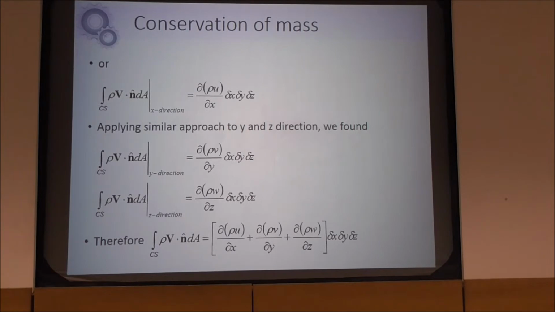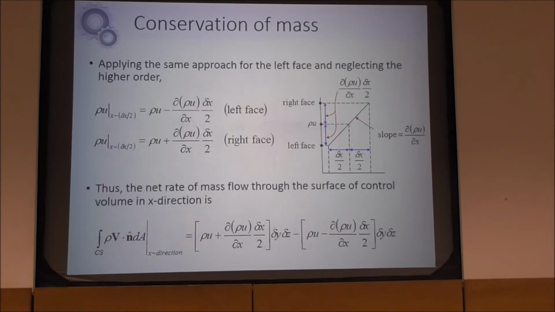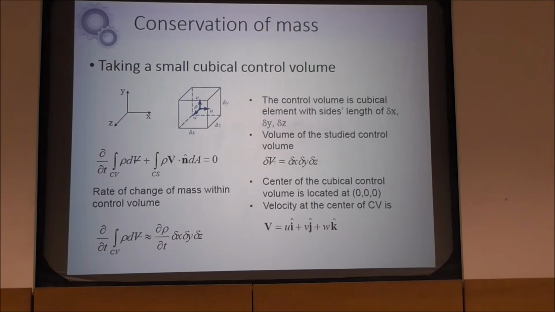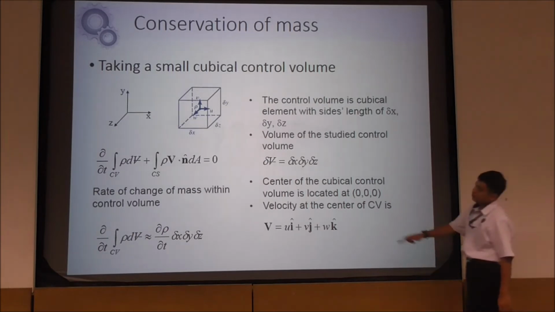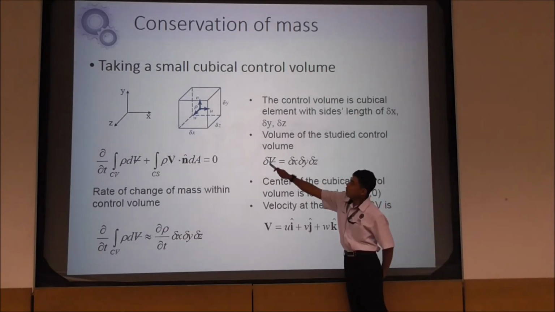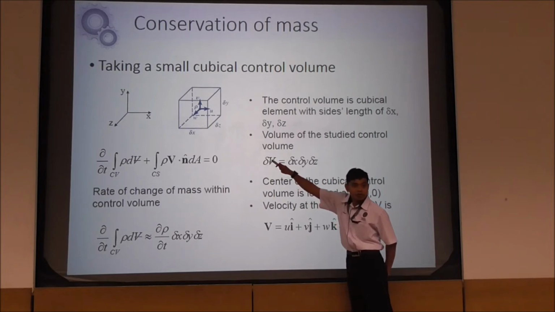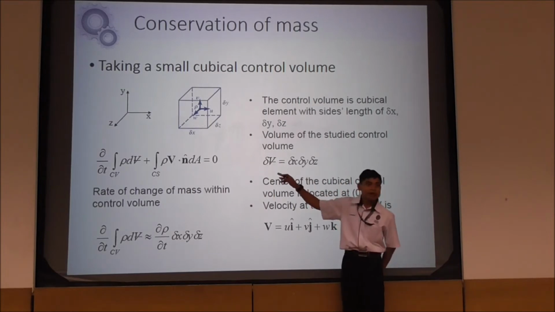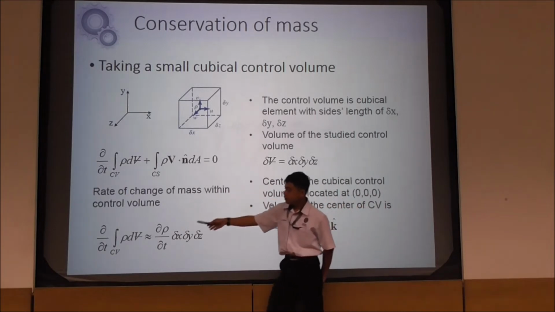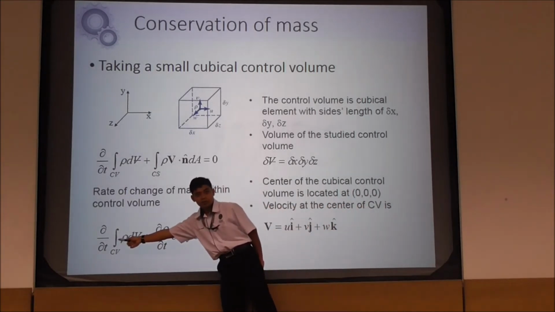Okay. How about your control volume? If you look at the control volume again, you know that the control volume, fixed control volume, is nothing but dx times dy times dz. That is your volume times the rho, right?